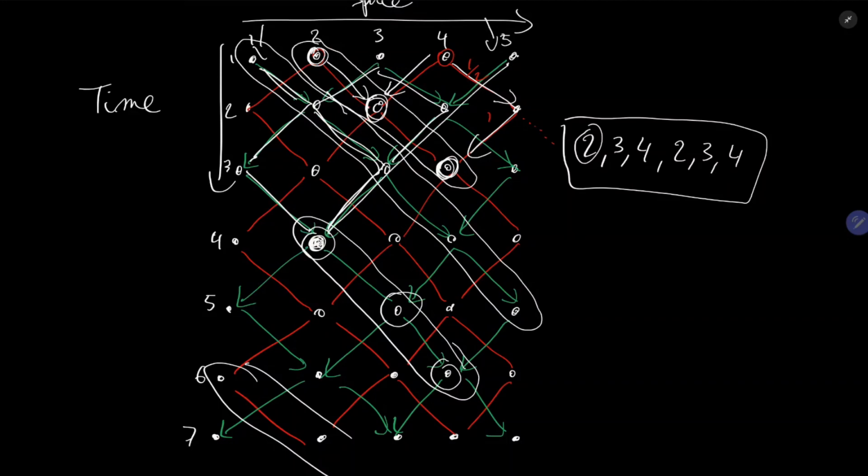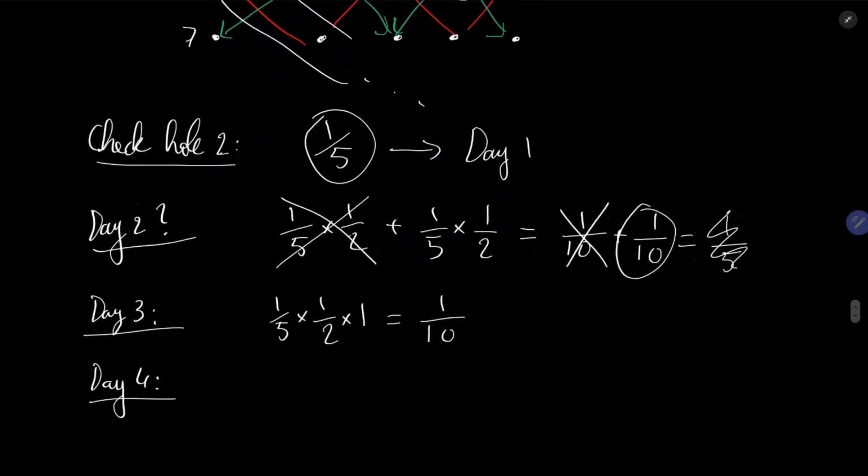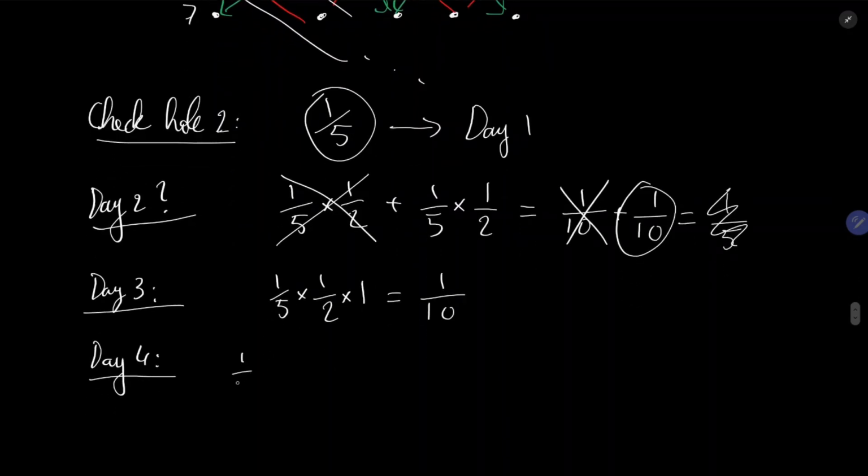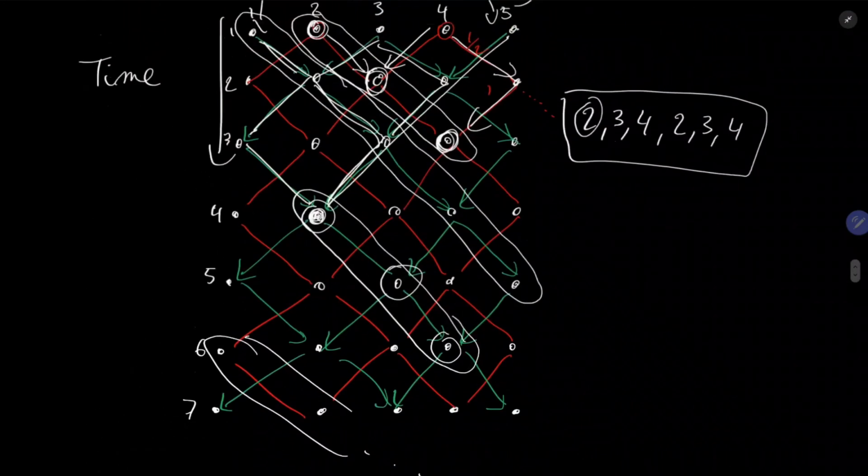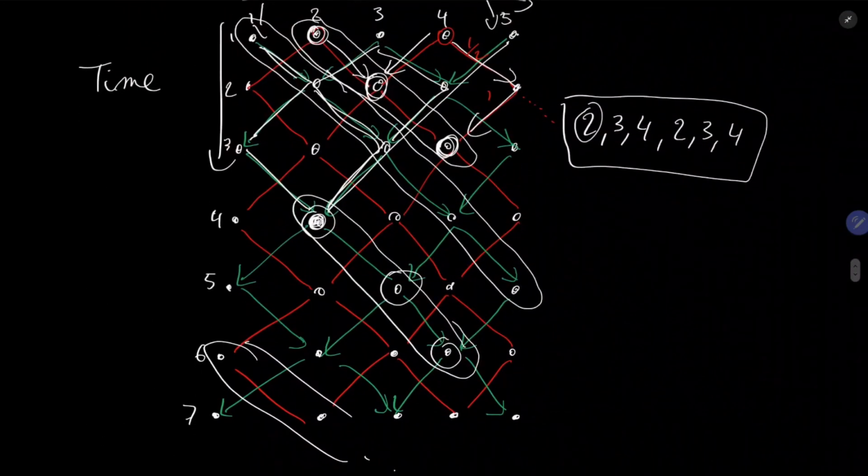Let's go ahead and translate this into probability. So if we start from hole number 1, we have a probability of 1/5 to start from this hole. And then we can only go to the right, and 1/2 to go to the left, and only probability 1 to go to the right.